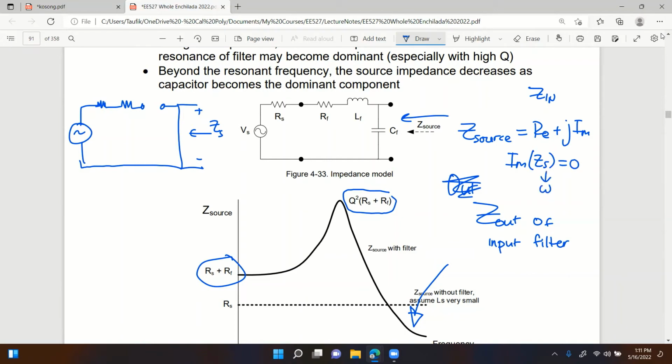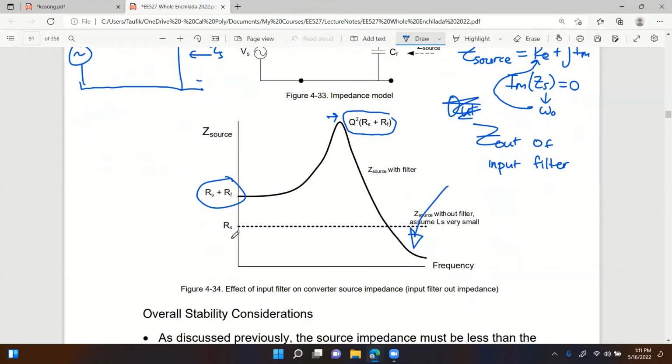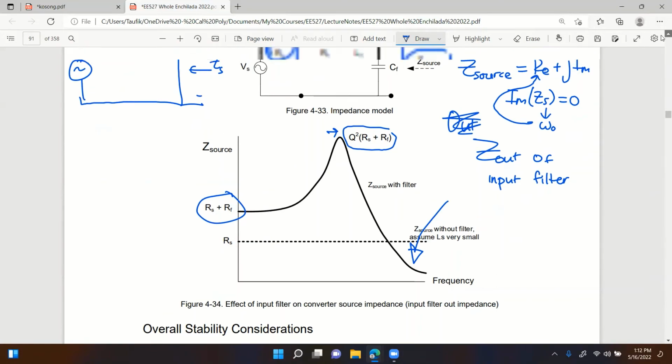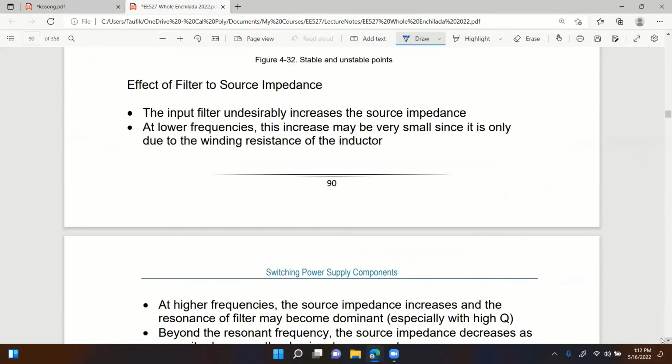And then you find omega, which is equal to omega naught, and plug it back into the real part, and that should give you this equation right here. So at resonant frequency, you have a peaking effect, depending on the Q of the filter. See that?